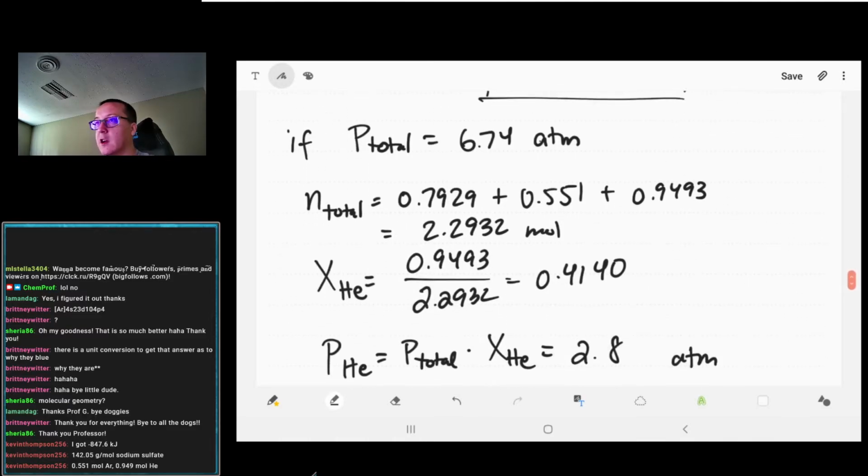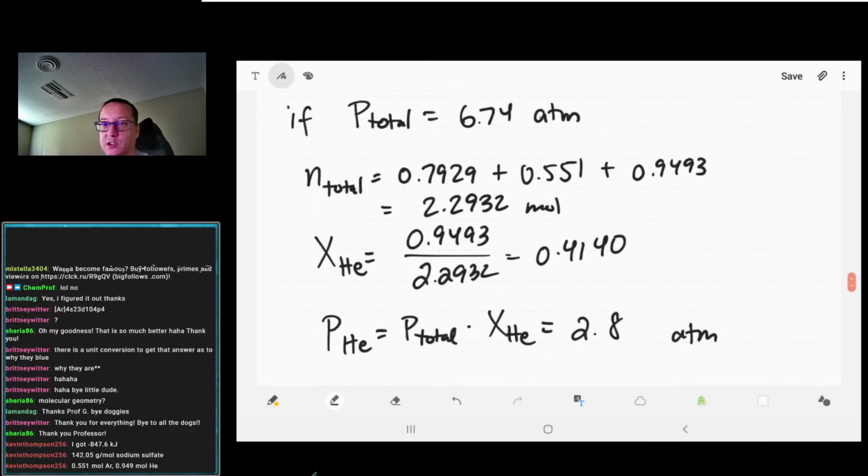Makes things easy. Or if we had the total pressure, we could use our mole fraction, which we would get by comparing the moles of one of our gases versus adding them all up together. And then we would remember that partial pressure is total pressure times mole fraction. Hooray! Okay, so hopefully that answered that.